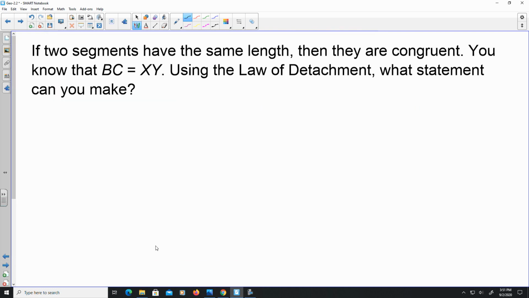In this example, it says if two segments have the same length, then they are congruent. So this is the conditional statement right here. If and then. You know that BC is equal to XY. So that's the same length. And they want you to use the law of detachment and say which statement you make.